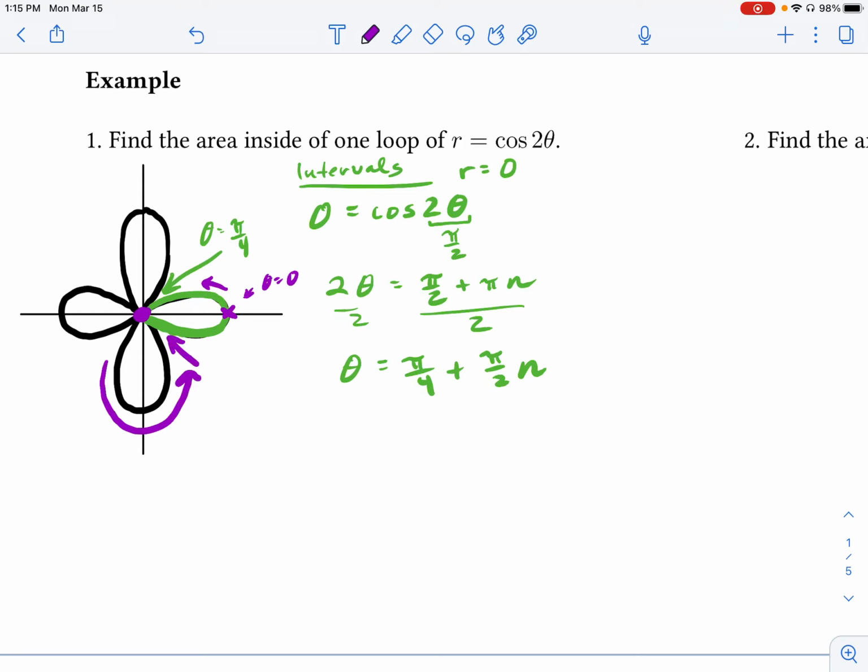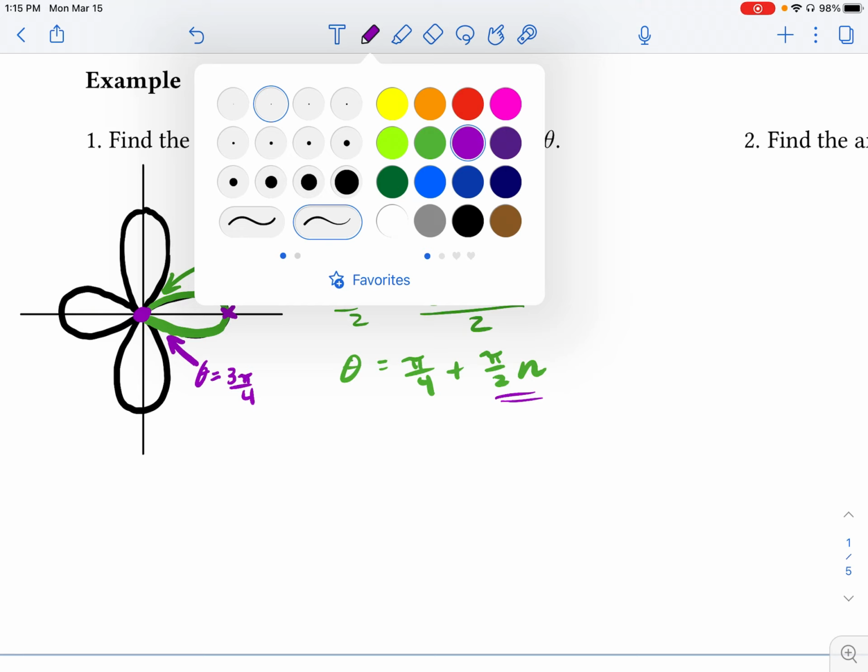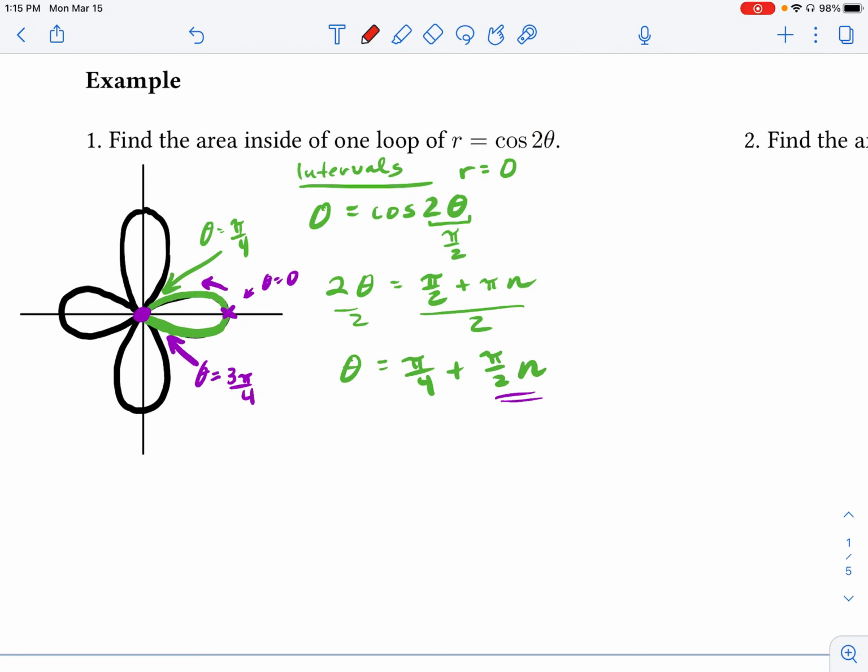I'll try to see if I can draw this. It's going to hit it here, back here at theta is equal to, can you figure out where it would be? You guessed it. This would have to be at 3 pi over 4 because it was pi over 2 radians away from pi over 4. We figured that out by saying this here. So we actually have a number of different approaches for how to graph this problem.